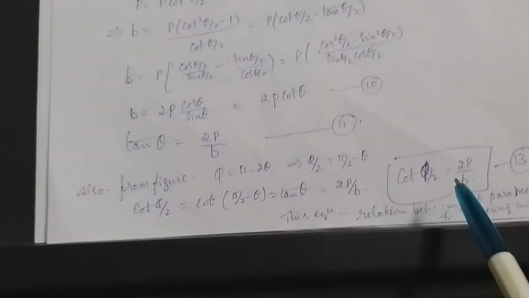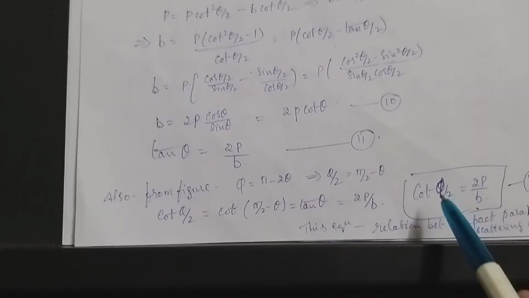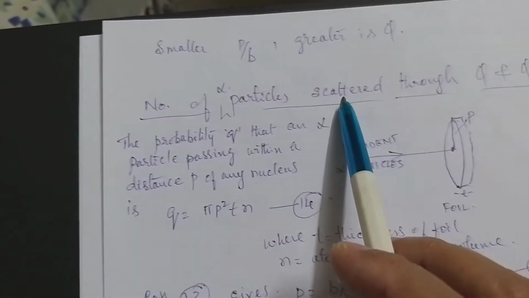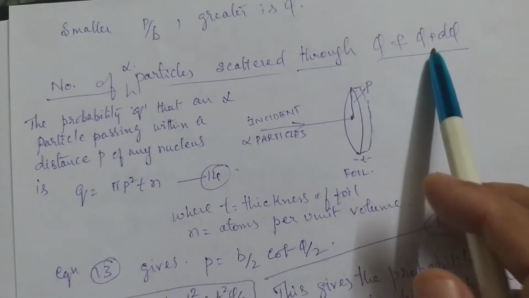Ultimately, you are getting the relation between the impact parameter and the angle through which it is deflected, and using this value you calculate the number of alpha particles scattered through an angle between phi and phi plus d phi per unit area. That is the last formula I have given you.